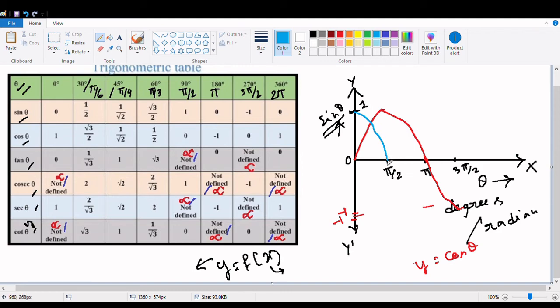It will continue decreasing, and at pi it has the value minus 1, and at 3 pi by 2 it will have the value 0, and then at 2 pi it will have the value 1. That means here. Actually the graphs are very smooth, so let me draw in a graphical tool. Okay, this one.